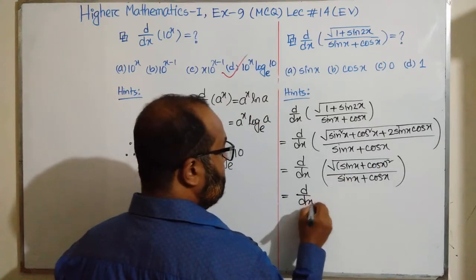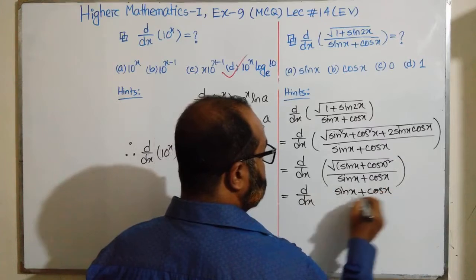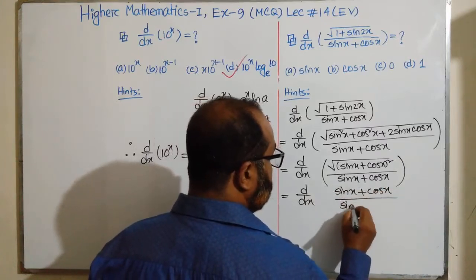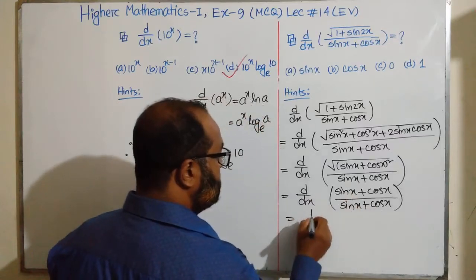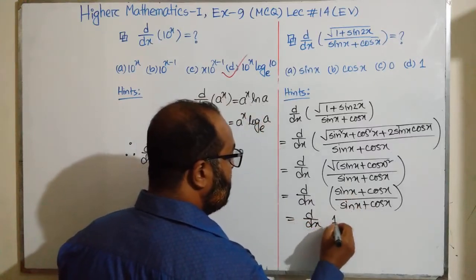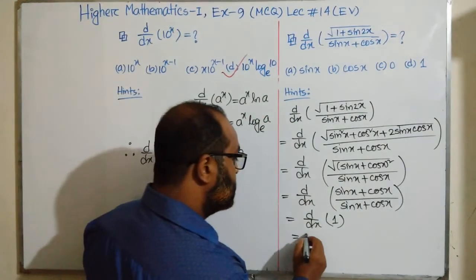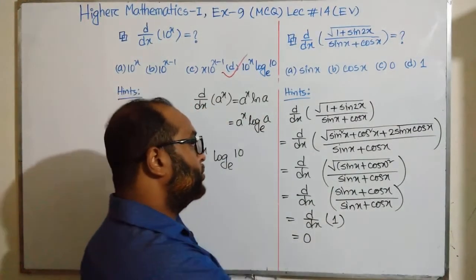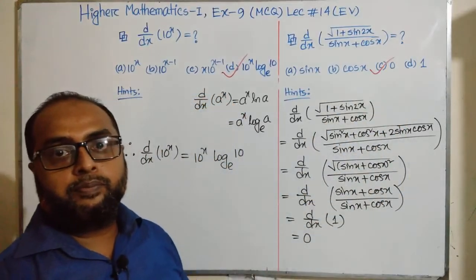Here we get numerator sin x plus cos x and in denominator sin x plus cos x. So d/dx of 1, that means d/dx of a constant is 0. So here option C is correct.